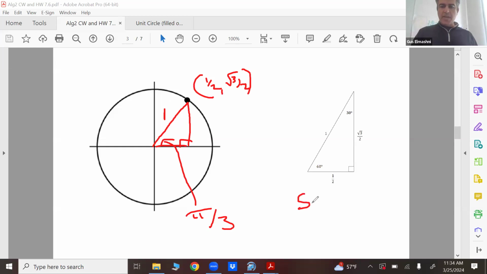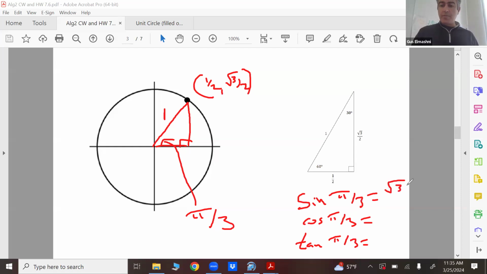So the sine of pi over 3, the cosine of pi over 3, and the tangent of pi over 3. Well, the sine is just root 3 over 2. The cosine is just 1/2.